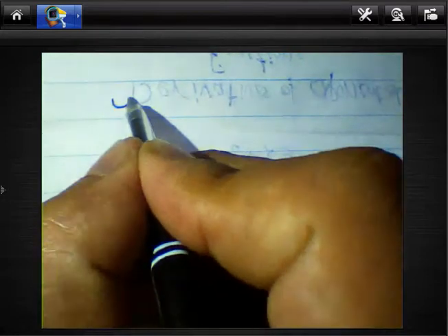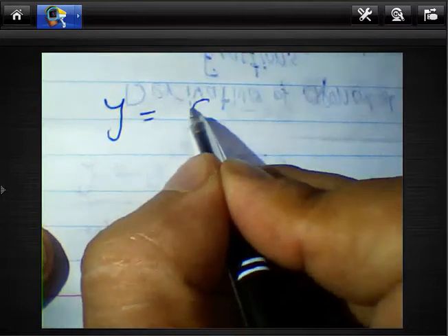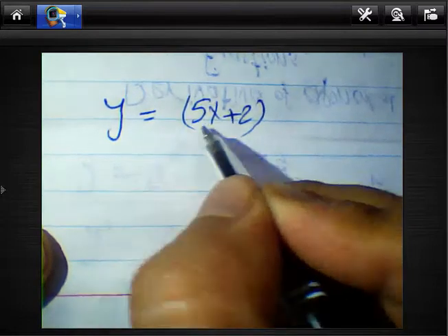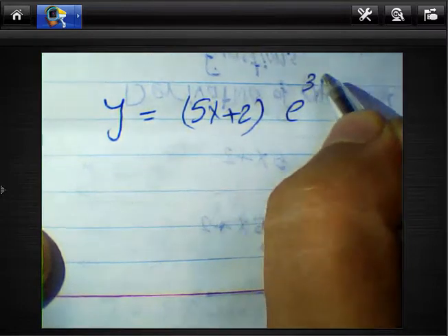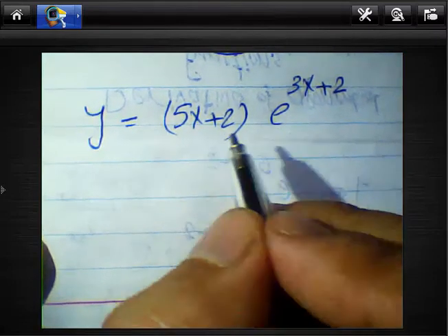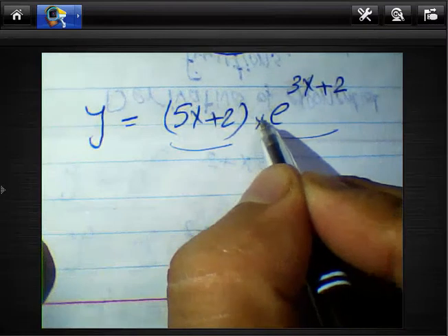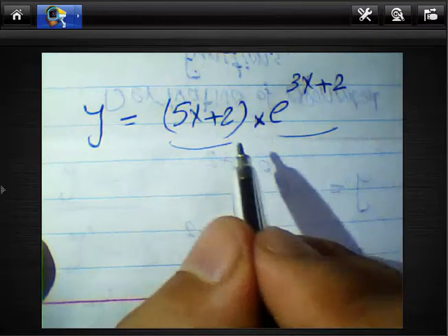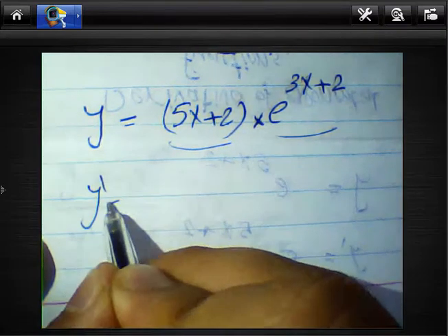Another example, y equals 5x plus 2 multiplied by e power 3x plus 2. We have two functions. We can find the derivative here.